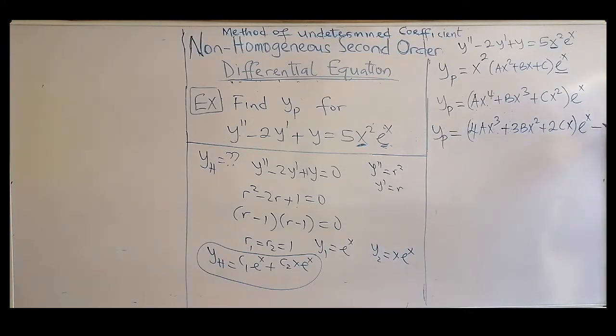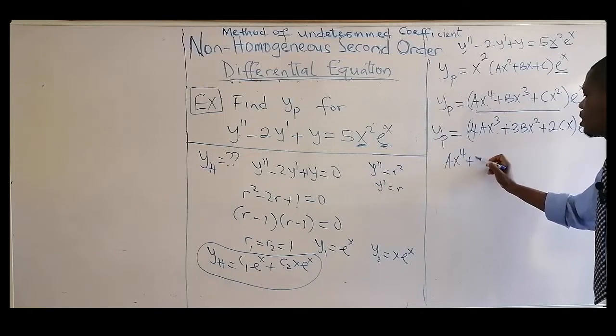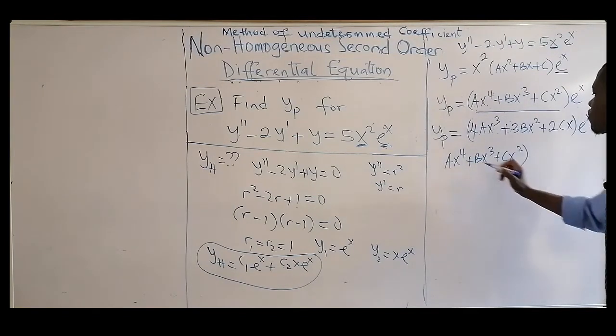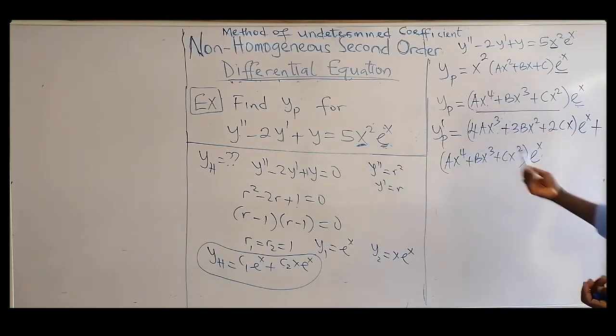In the second part of the product rule, you keep this one constant and differentiate the exponential, which gives a x^4 plus b x^3 plus c x squared, times e^x. So that's the first differential. We cannot add these together because this is power 3 and this is power 4.